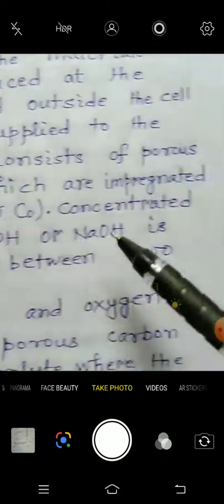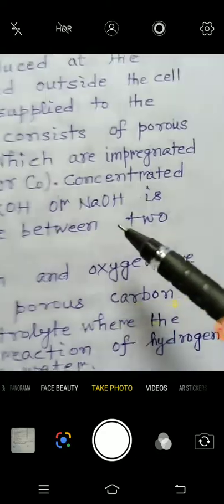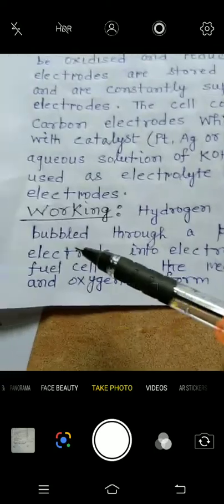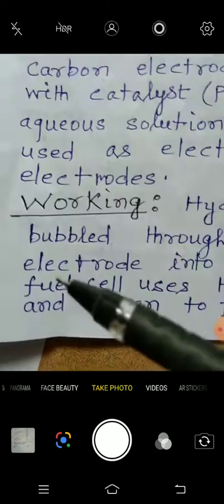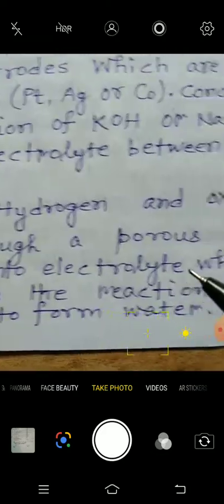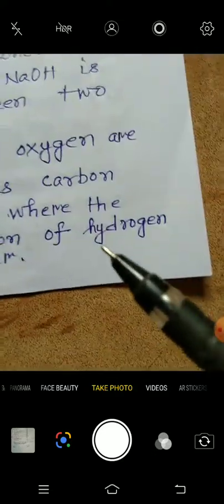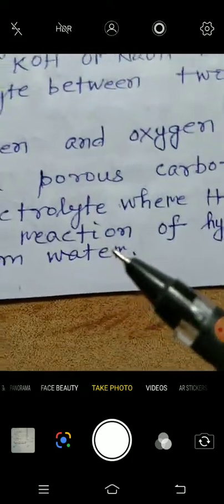Concentrated aqueous solution of KOH or NaOH is used as electrolyte between the two electrodes. Working: hydrogen and oxygen are bubbled through the porous carbon electrode into the electrolyte, where the fuel cell uses the reaction of hydrogen and oxygen to form water.